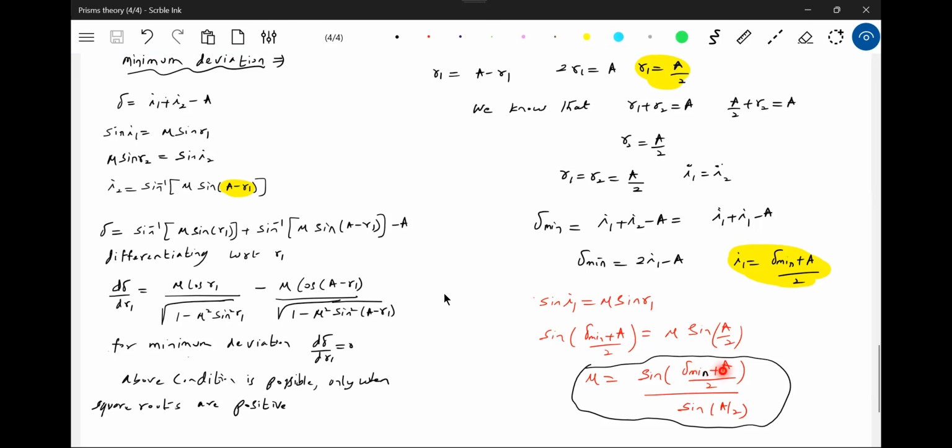You know the angle of the prism. You will get the mu, the refractive index of the material. This is the main idea of the prism. Why do we use minimum deviation? To just find the refractive index of the material of the prism. That's the main purpose of this mu. Getting the idea? This one?